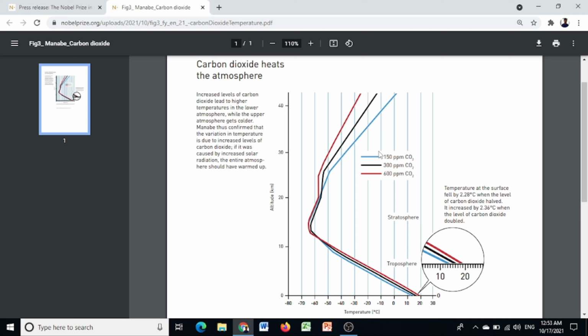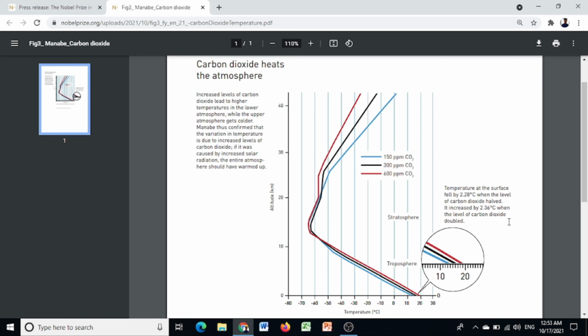Moreover, note that the blue line is for 150 ppm carbon dioxide, the black line indicates 300 ppm carbon dioxide and the red line is for 600 ppm carbon dioxide. That is, if the amount of carbon dioxide is doubled with respect to the black line, the temperature increases. Whereas if it is halved, indicated by the blue line, the temperature decreases.